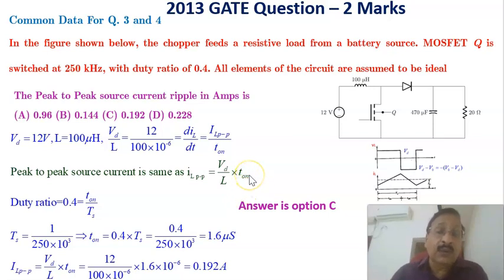T on can be found out as the duty ratio is given as 0.4 and the frequency is given as 250 kilohertz, and the duty ratio is the on period divided by the total time period. Therefore the total time period TS is 1 by 250 into 10 raised to 3.